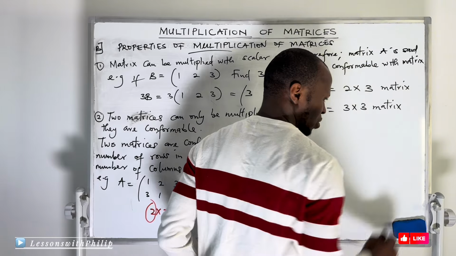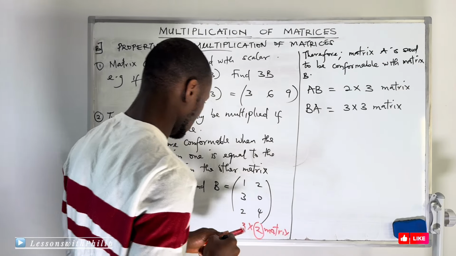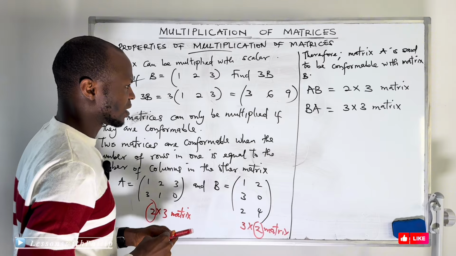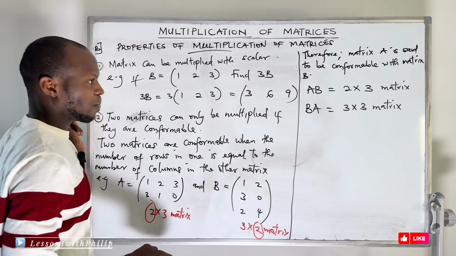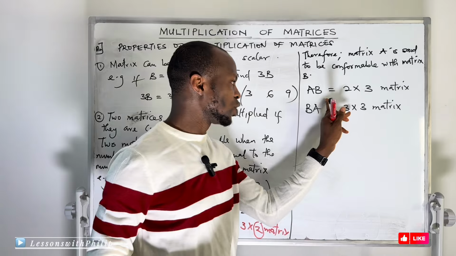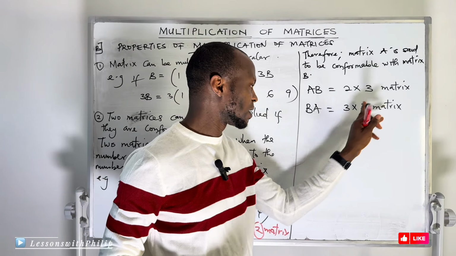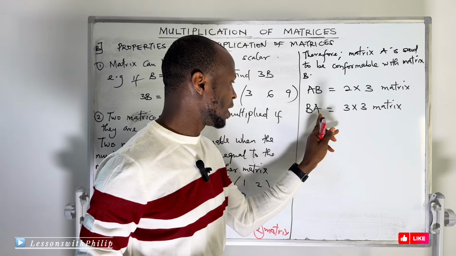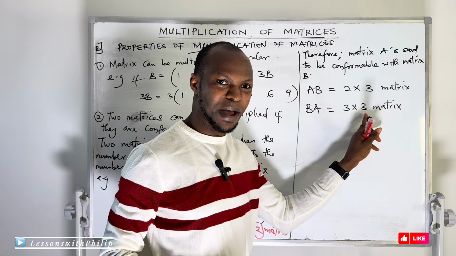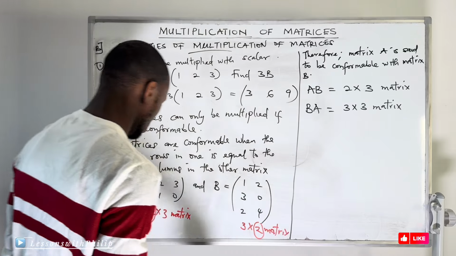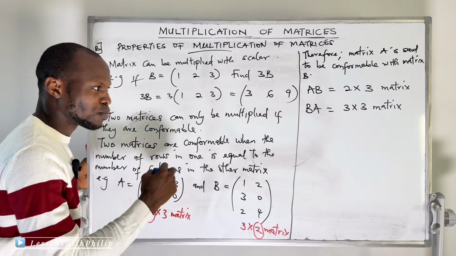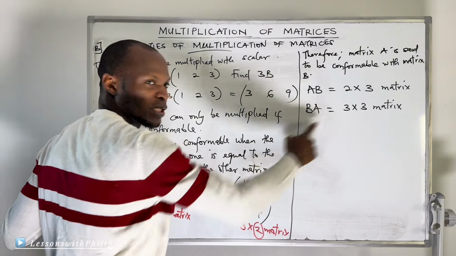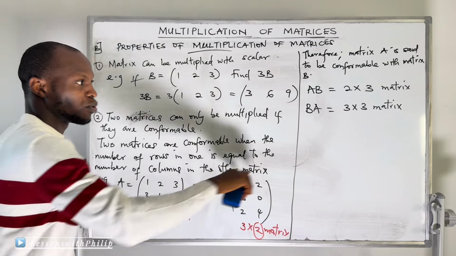Somebody is asking, can you prove that? Is there time to prove that? All right, let's prove that. If you multiply A and B, it will give us a 2 by 3 matrix. If you multiply BA, it will give us a 3 by 3 matrix. Can we use this example, or can we just finish the principles? Just take note. In our coming examples, we're going to prove that.